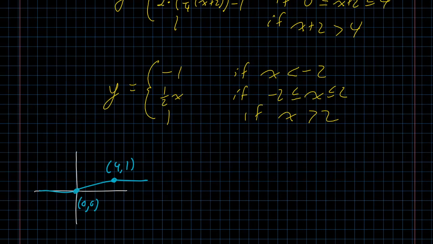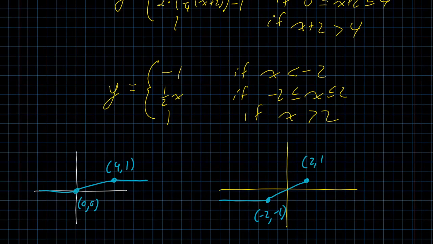My transformed graph is going to be the same sort of thing, but instead, it's going to have key points here at (-2, -1) and at (2, 1). So we have stretched the graph out, we have shifted it down, and we have shifted it over.